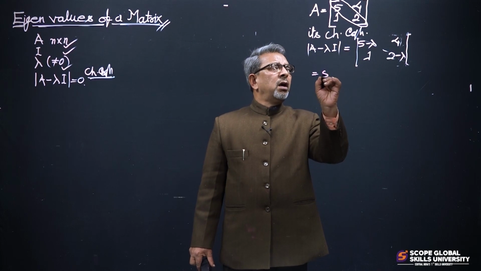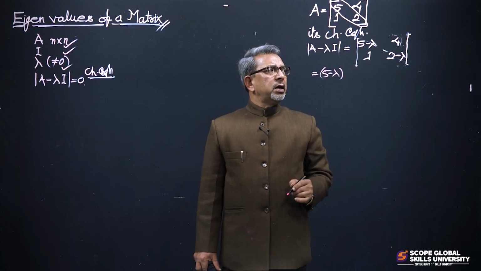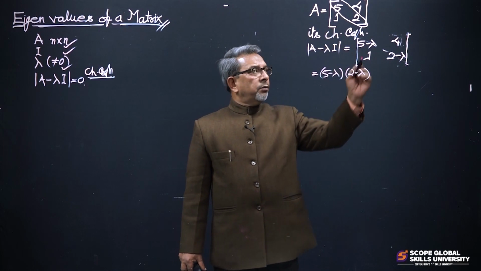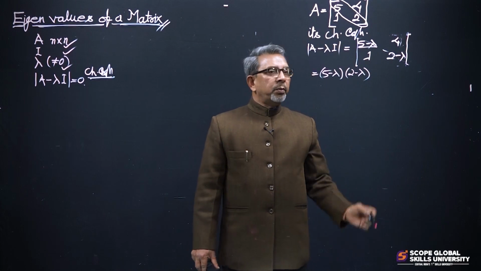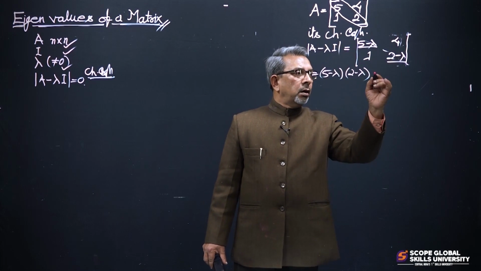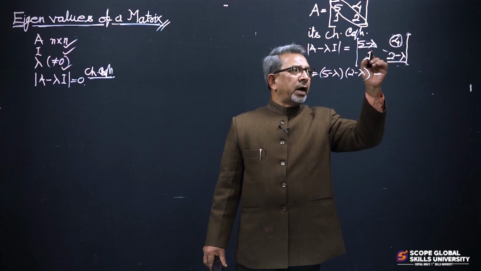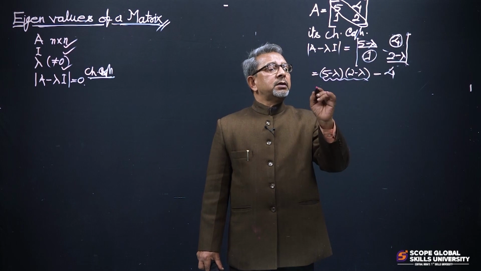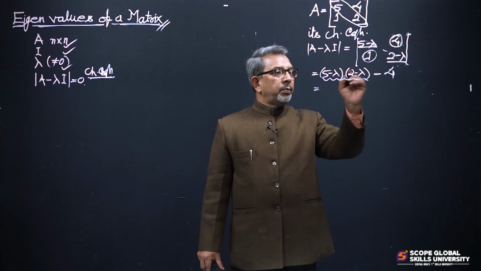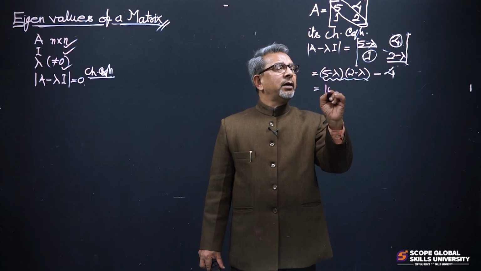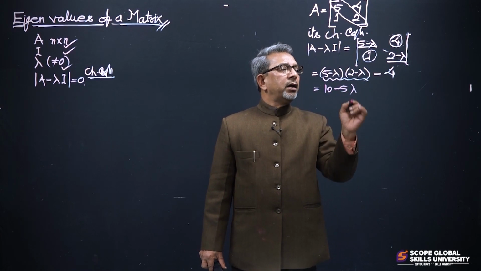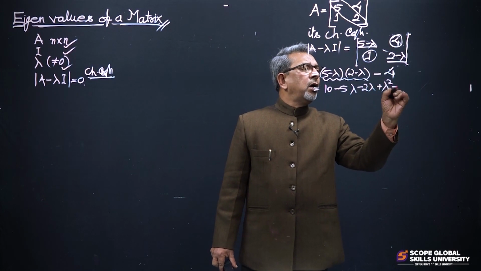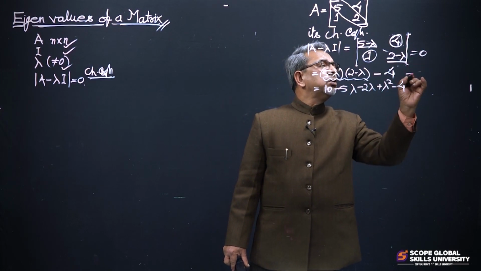For this, cross multiplication of the elements on the diagonal position, that means 5 minus lambda is to be multiplied by 2 minus lambda, minus 4 multiplied by 1, that is 4. After opening these brackets, we get 10 minus 5 lambda minus 2 lambda plus lambda square minus 4, which is equal to 0.